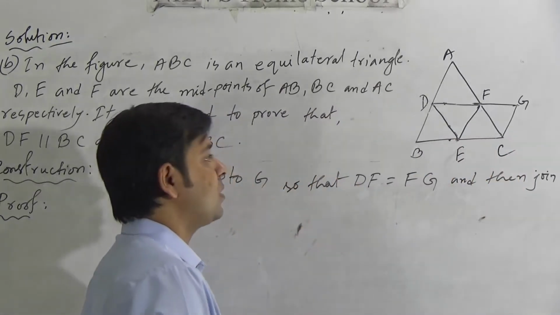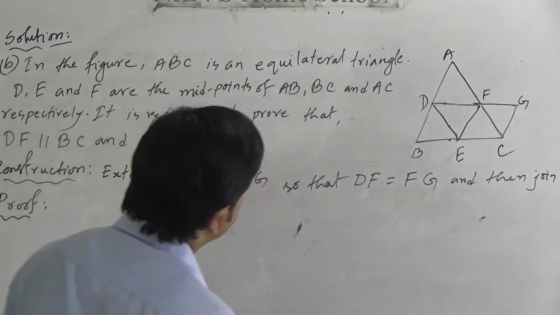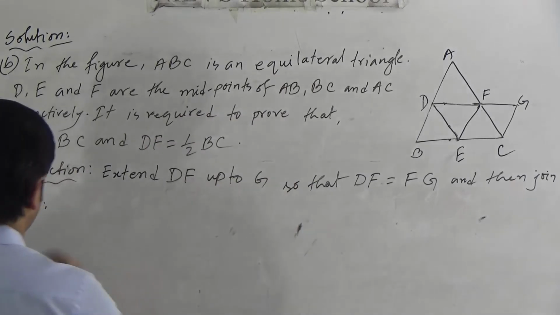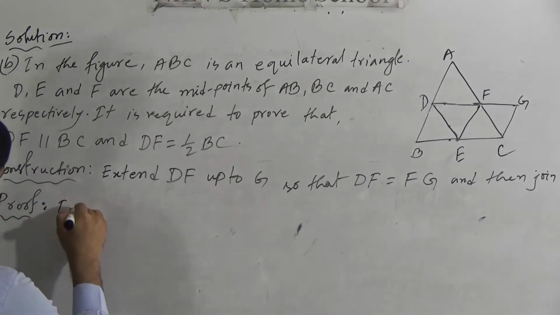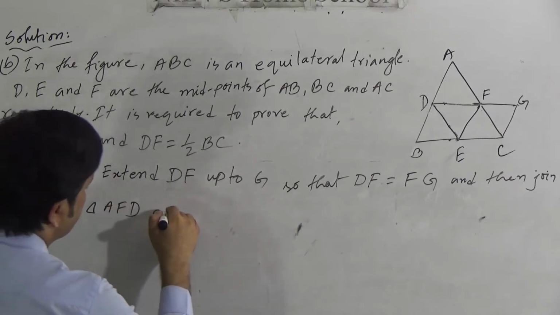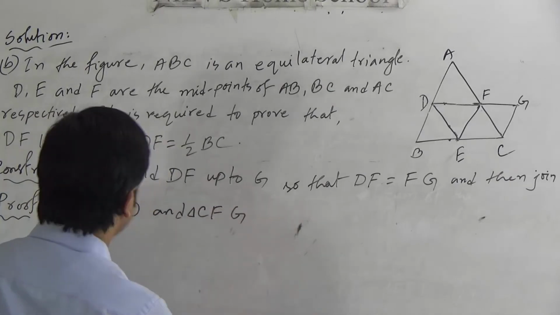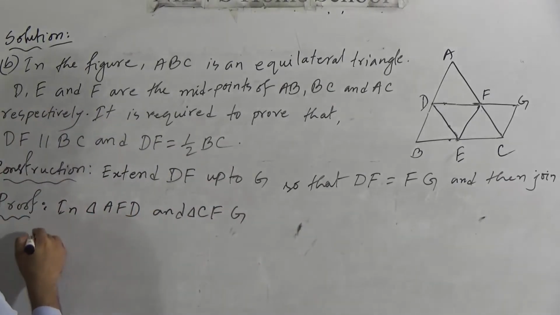So we can proceed in this way. In the first step, we can consider these two triangles. So consider triangle AFD or ADF. In triangle AFD and in triangle CFG, we can say AF is equal to CF.